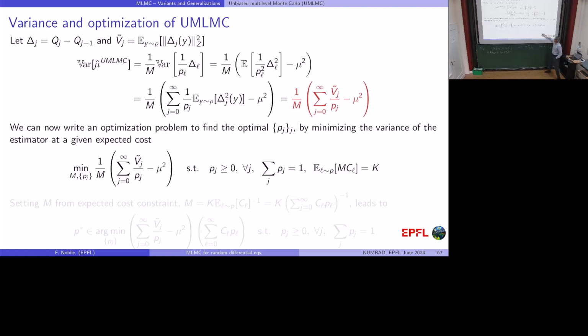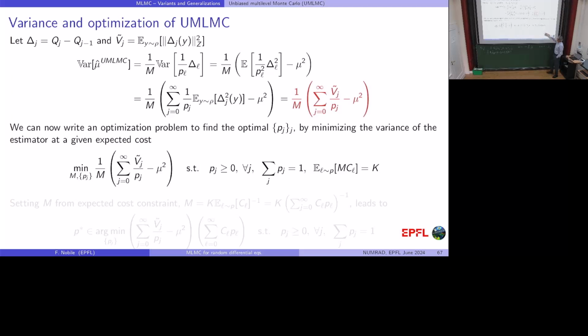So if I fix the budget, so if I fix the expected cost, now I want to minimize the variance over M and this probability mass function. P, of course, is constrained because it has to be non-negative and sum up to 1. So this is how I run the optimization.